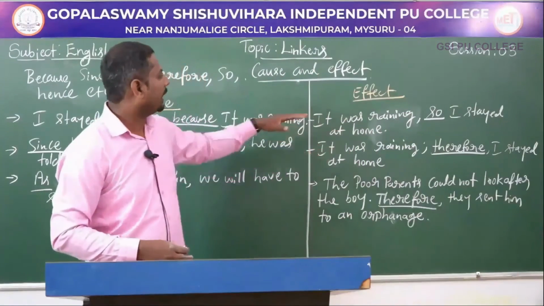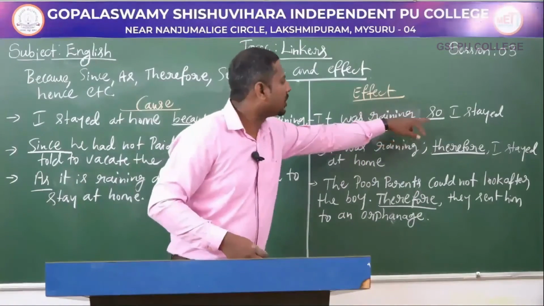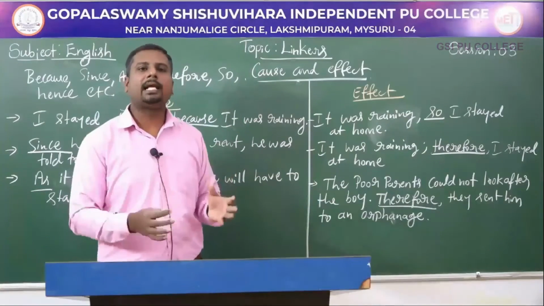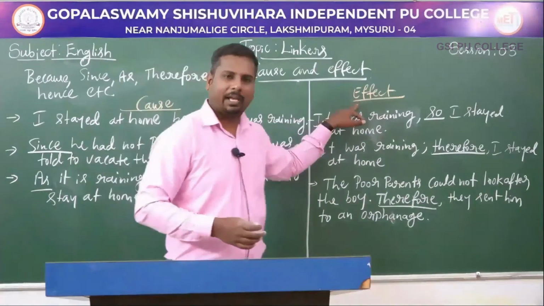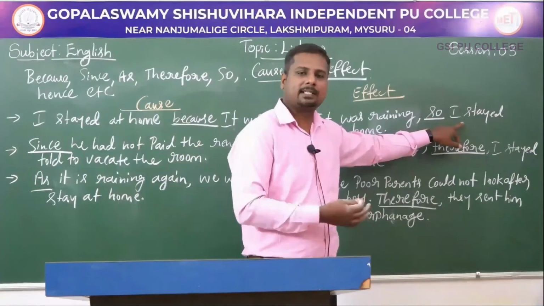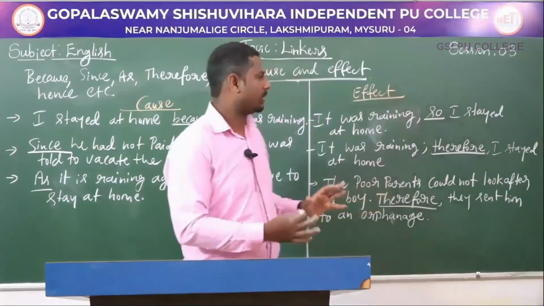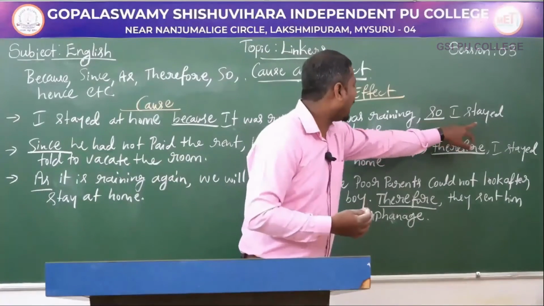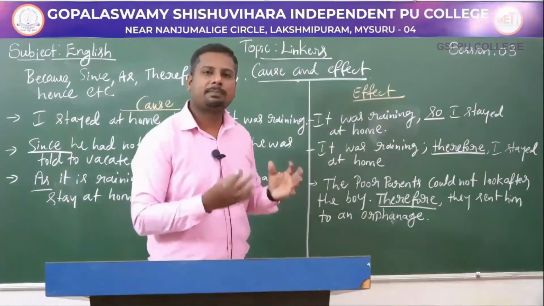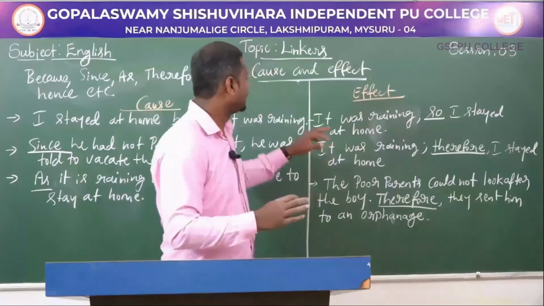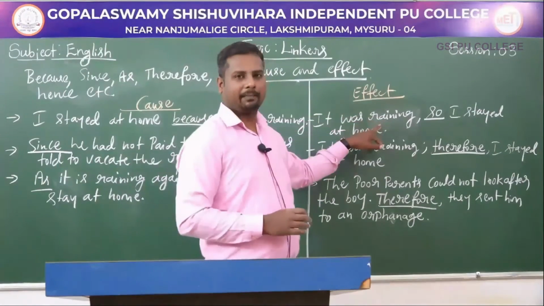Whereas here, it was raining, so I stayed at home. Whenever you use a linker related to effect, it should be followed by the idea that expresses the effect, not the cause. So here, so is followed by the idea I stayed at home, which expresses the effect, not the cause. The cause is this: it was raining.